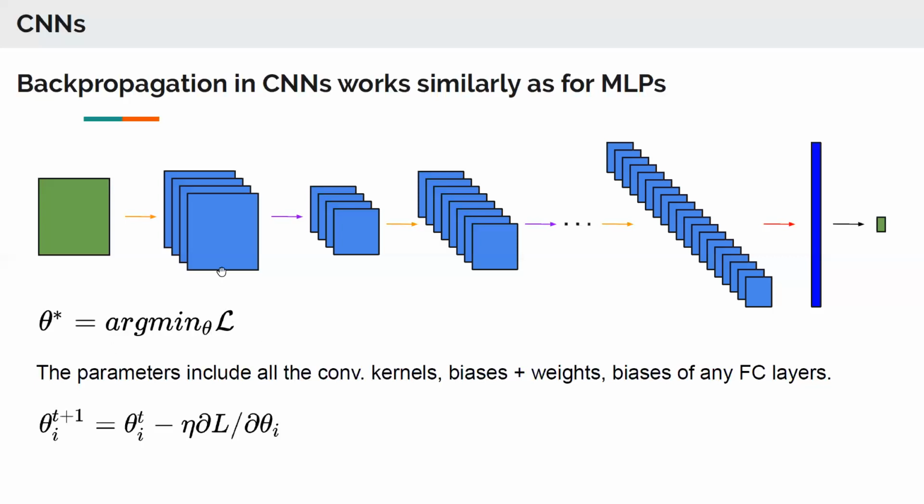This optimization is typically carried out using some form of gradient descent, which means each parameter i is updated at step t plus 1 as whatever value it was at time t minus the partial derivative of the loss with respect to that parameter, times the learning rate. And this partial derivative is computed through backpropagation, which was discussed in the last lecture. That works the same in CNNs as in MLPs.